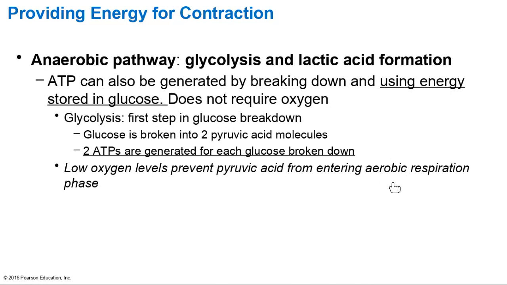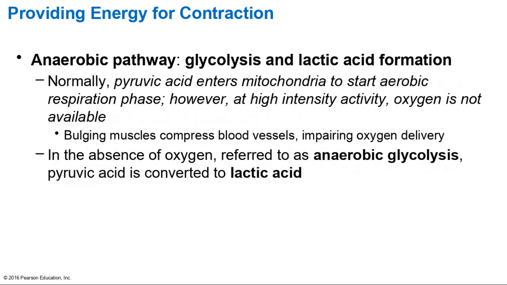Now, a lot of times ATP synthesis is also part of the respiration process. Remember, pyruvic acid will enter the mitochondria to start the aerobic respiration phase. But again, if you're having high intensity activity, and you're not replenishing yourself with water and everything, you won't have enough oxygen to do normal glycolysis.